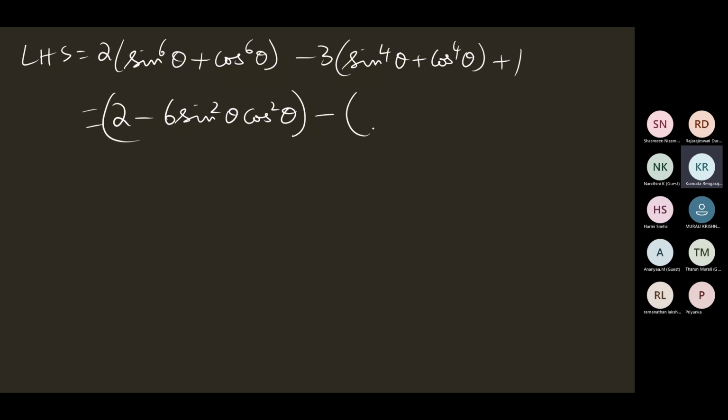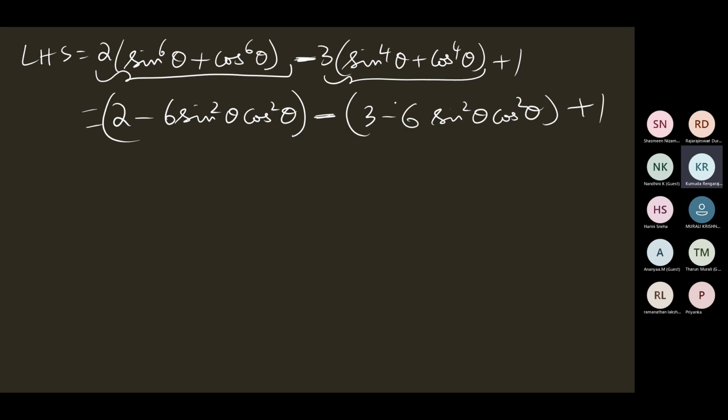Minus, for the second part, we got 3 minus 6 sine square theta cos square theta, plus 1. The answer for this full thing is what we have written in the bracket. This minus we didn't take earlier, and we've enclosed the answers in brackets because there's a minus in the middle.